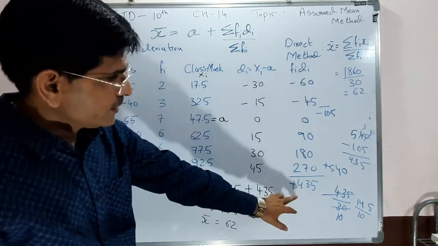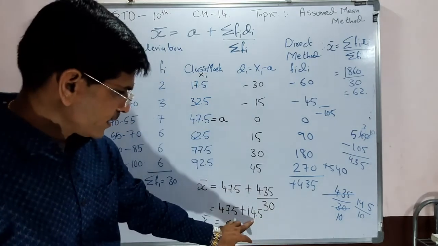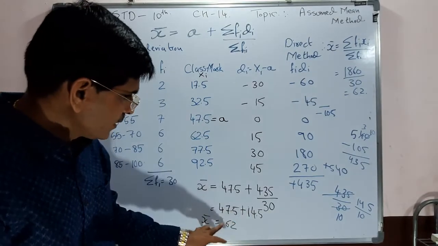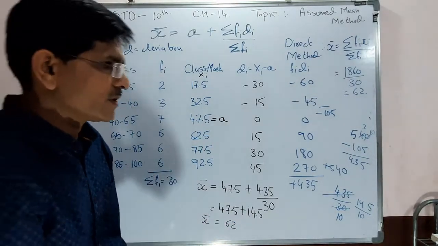If you total it, we get 435. So 435 divided by 30 gives 14.5. So 47.5 plus 14.5 is 62. So x bar is equal to 62.